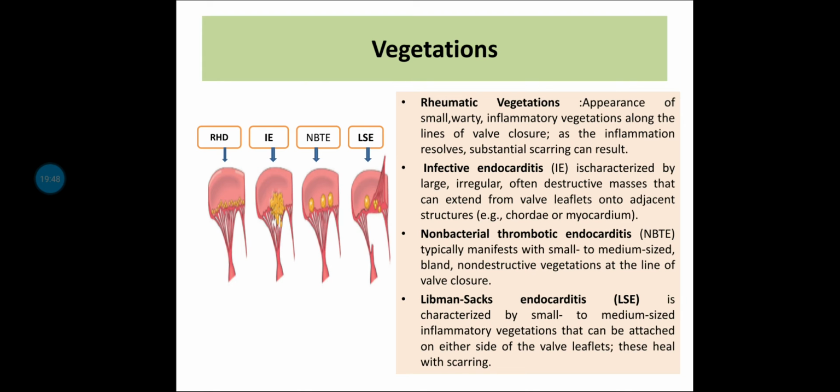Another type of vegetation is Libman-Sacks endocarditis. It is characterized by small to medium sized inflammatory vegetations that can be attached on either side of the valve leaflets, and these heal with scarring, and are typically seen in systemic lupus erythematosus or SLE.